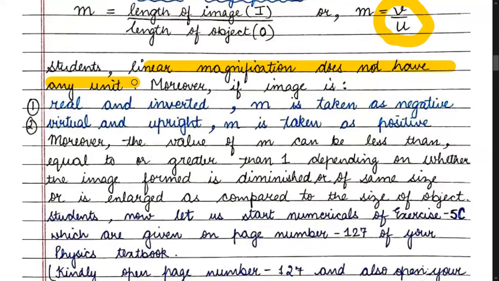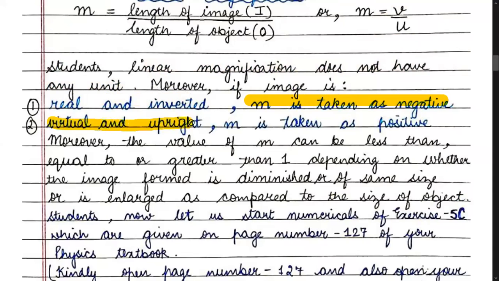Moreover, students, if the image is real and inverted, it is taken as negative, while if the image is virtual and upright, upright means erect, then magnification is taken as positive. These sign conventions and linear magnification were already discussed.